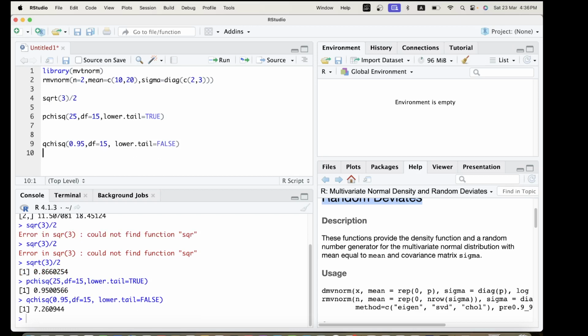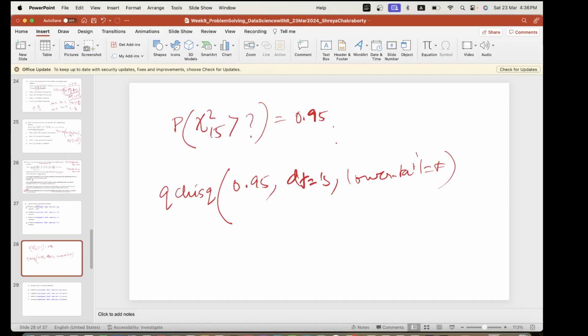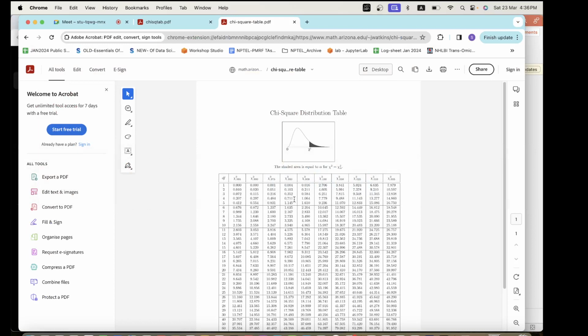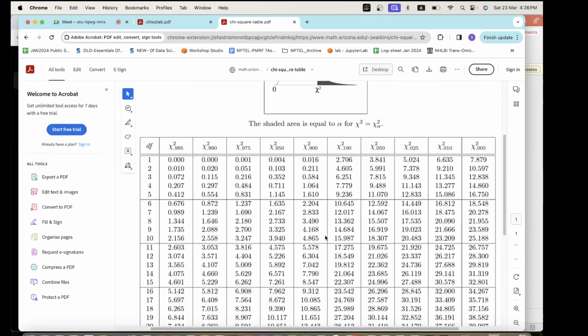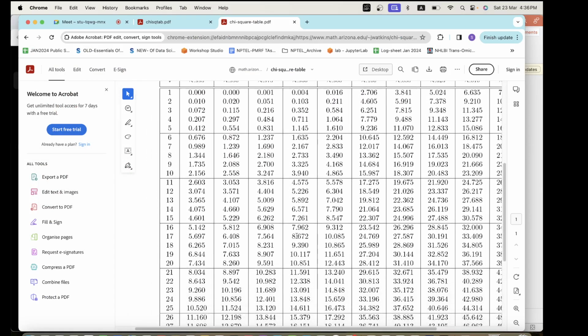So what I'm getting is 7.26. Okay, here. So if we go to the table now, our df is 15. So you see this value, can you see it? Is it visible? This one, this highlighted thing.